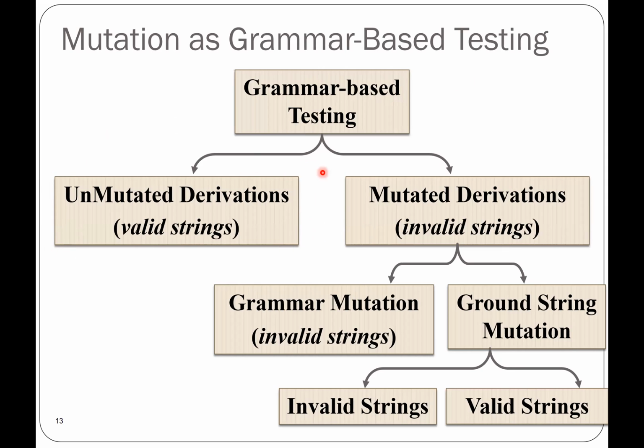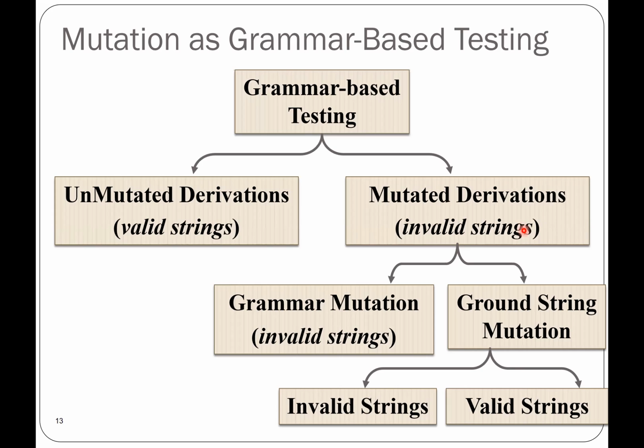Then comes the fun part, the mutation testing, which begins in this half. The mutation testing is all about creating invalid strings. And as we'll see in a moment, we might actually mutate and still end up with a valid string, but that's not really the purpose.